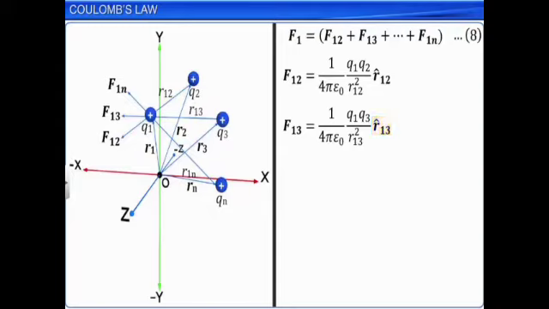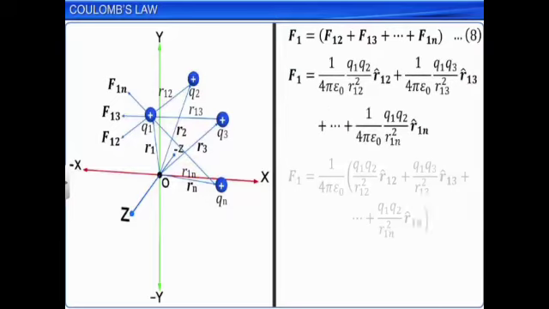Proceeding in this manner, we obtain F1n is the force on the charge Q1 due to Qn and is equal to 1 by 4 pi epsilon naught Q1 Qn by R1n square into R1n cap. R1n is the distance between Q1 and Qn, and R1n cap is the unit vector in the direction of the force F1n. Now, using F12, F13, F1n in the principle of superposition, we have F1 as in equation 9.